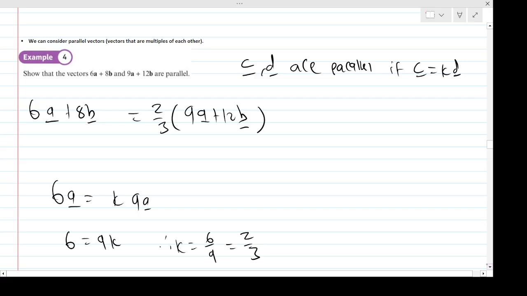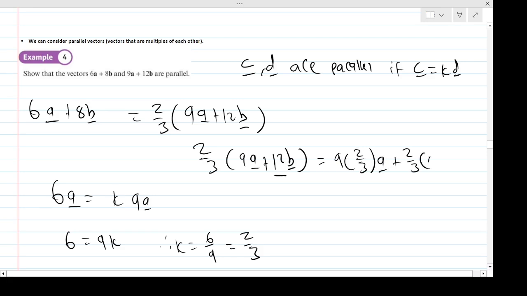We can expand this out then. So 2/3 of 9a + 12b: 9a times 2/3, that's 9 times 2/3 a, and then 2/3 times 12 lots of b. Well, 9 times 2/3 is 6, as we just saw. So that's 6a. Then 2/3 of 12 is going to be 8. Well, hang on, we've got 8b there.